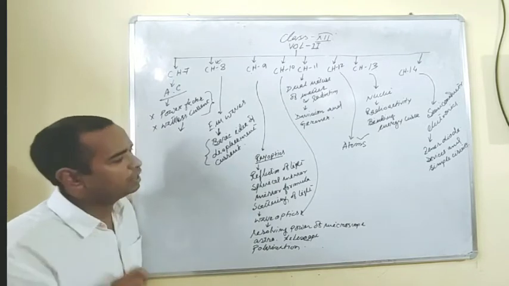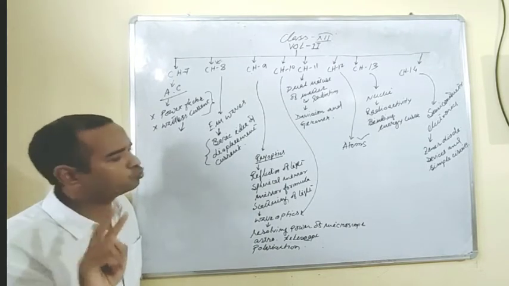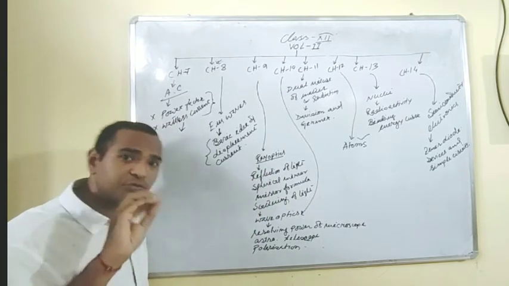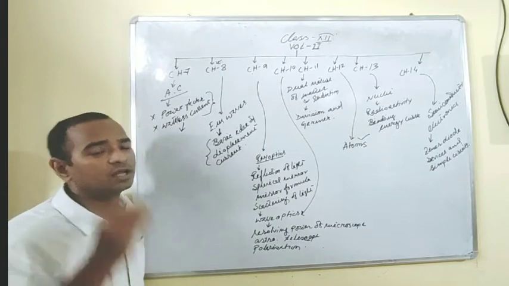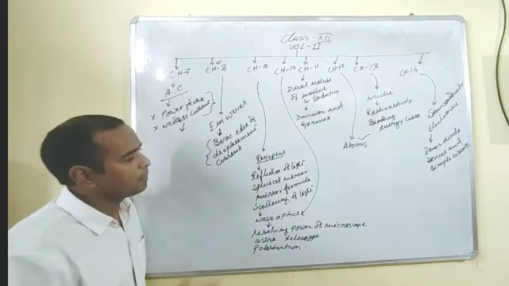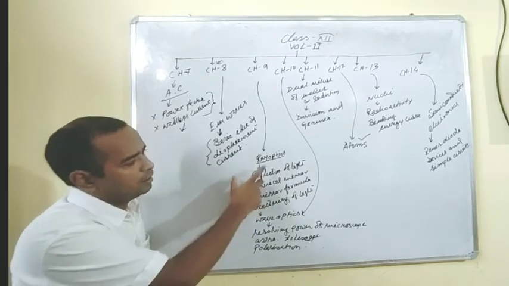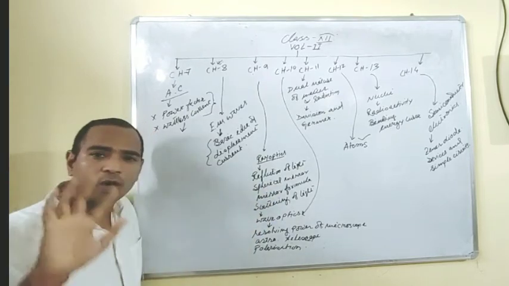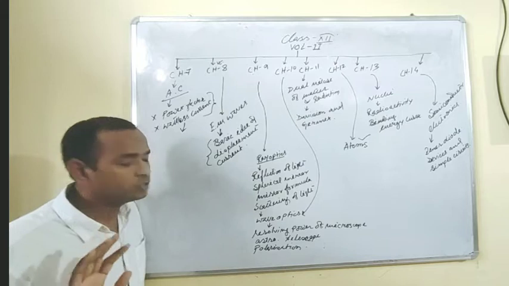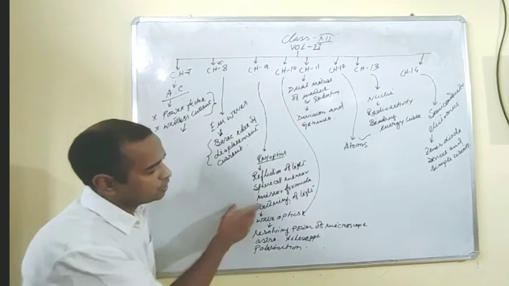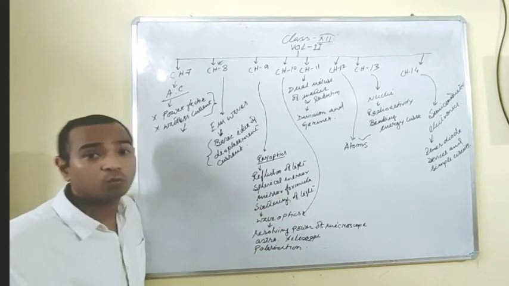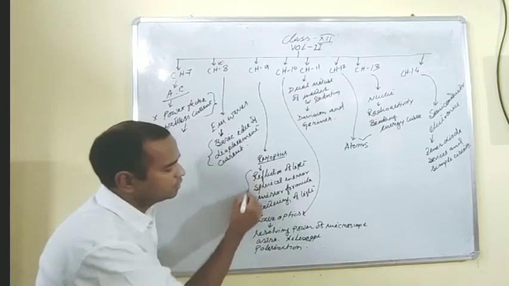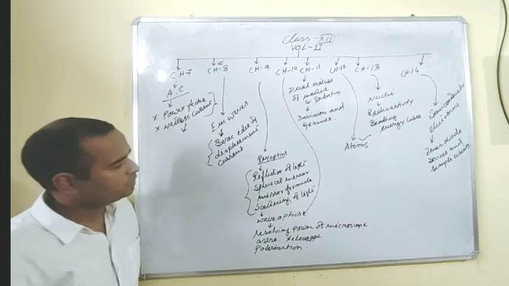If you consider ray optics, then you can divide it into two parts. One is reflection of light, another is refraction of light. From refraction of light, nothing has been deleted. The only thing is that in reflection of light, the spherical mirror formula, 1/u plus 1/v is equal to 1/f, and then scattering of light, why the color of the sky is blue, those parts have been deleted.